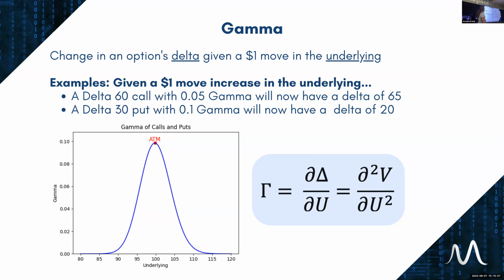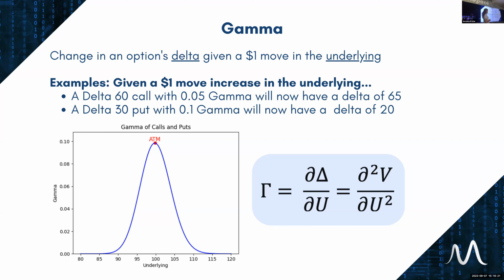So for example, let's say you have a call with 0.65 delta and 0.05 gamma. Then as the underlying ticks up $1, you would gain 0.05 deltas. So I'm saying 0.65 and delta 65. Put delta 34 would be 0.1 gamma.